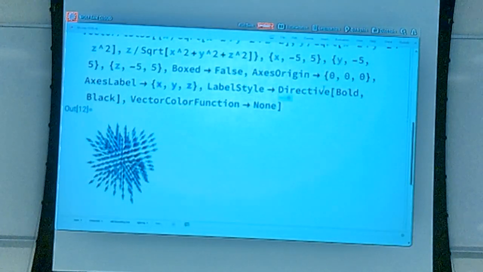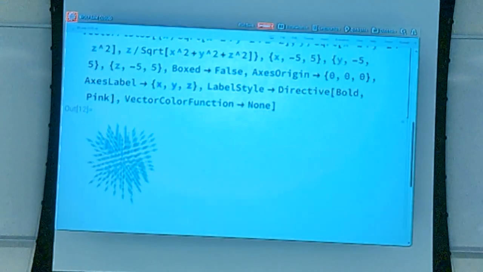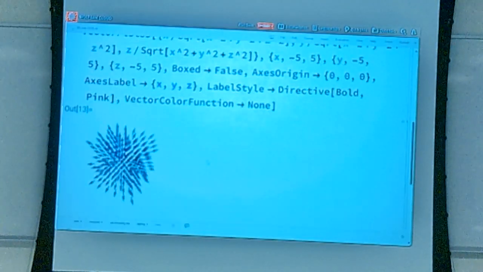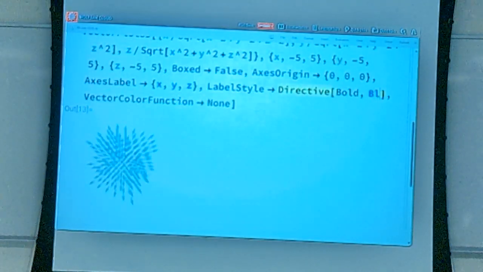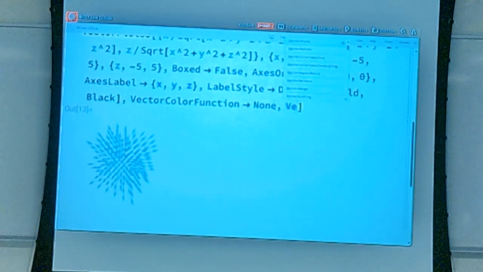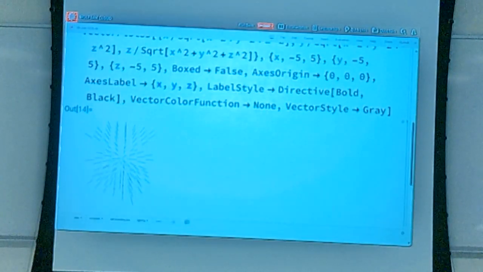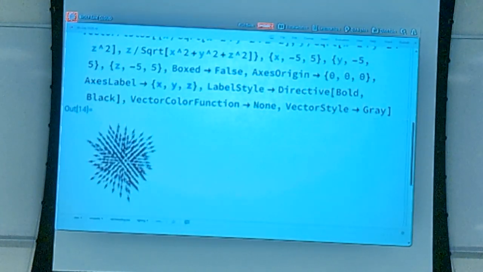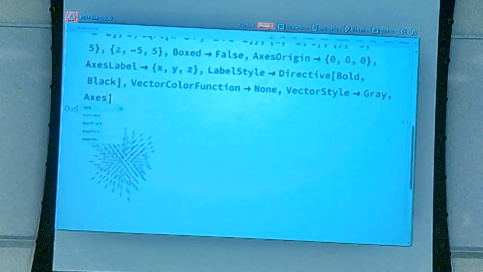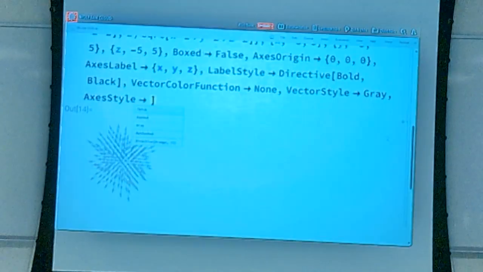Maybe instead of that, let's do this. Yeah, actually, that didn't help. This then. Better. We can also set this off with the axes.